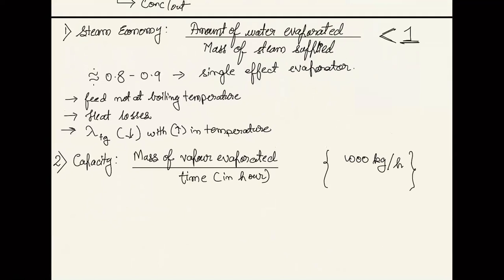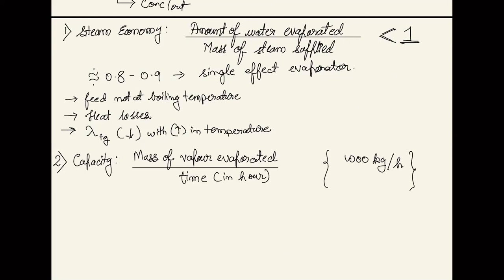Now let's say I need to boil something at 100 degrees Celsius. So I need to give a temperature greater than 100 degrees Celsius. Obviously I cannot heat it using steam which is at say 50 degrees Celsius, or a way lesser temperature than the temperature at which I need to boil the solution, right?